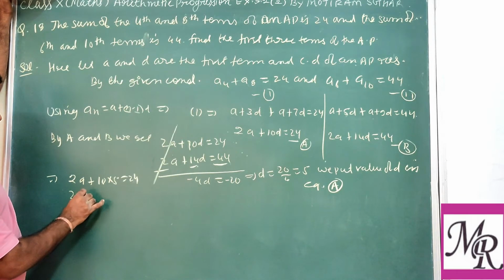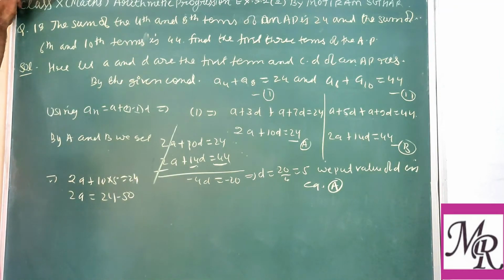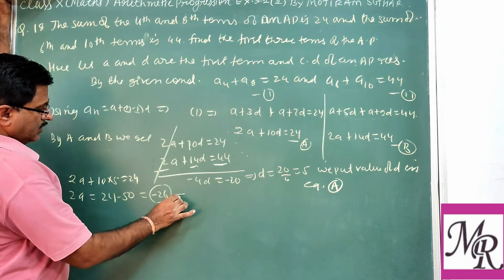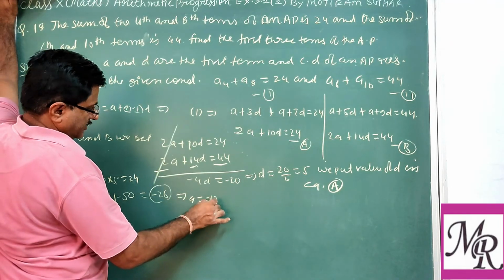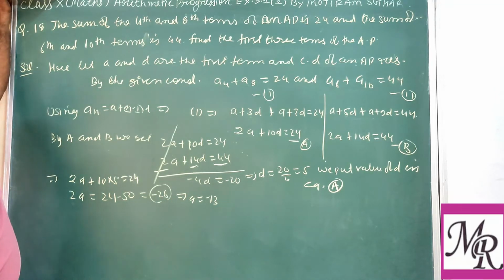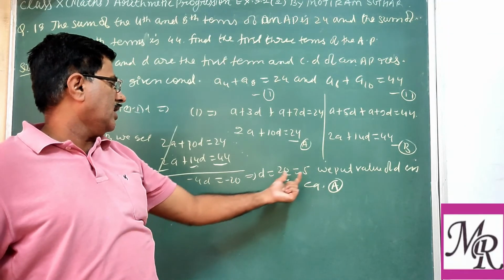So 2a equal to 24 minus 50. So what we get? Minus 26. Therefore a equal to minus 13. So we get the first term is minus 13 and d is 5.